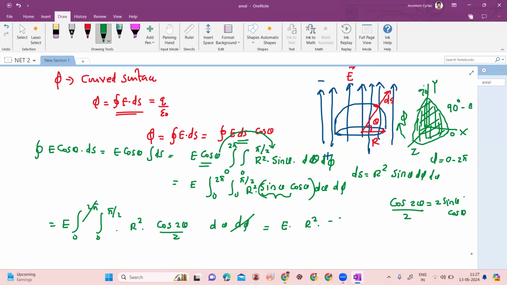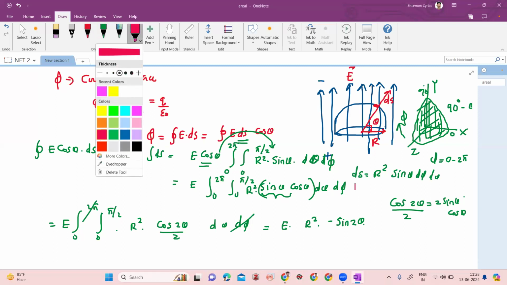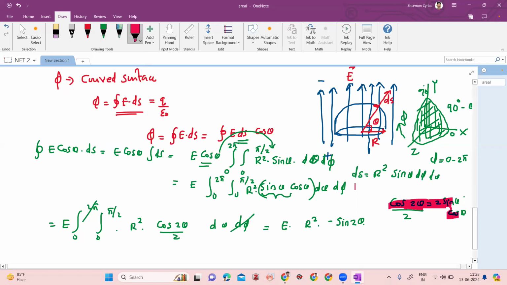Actually, here there is a slight mistake. This value is sin 2 theta.